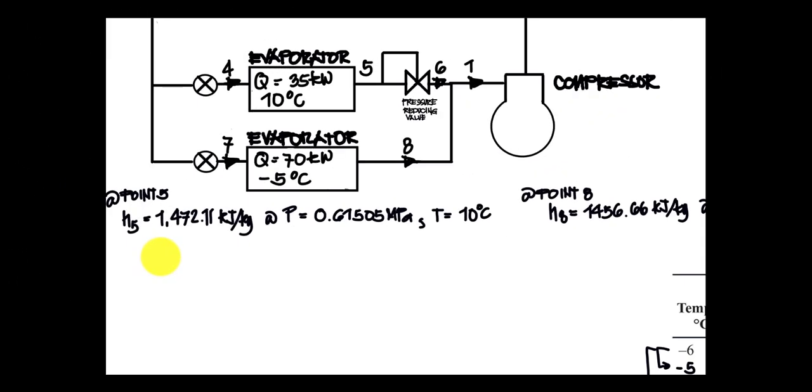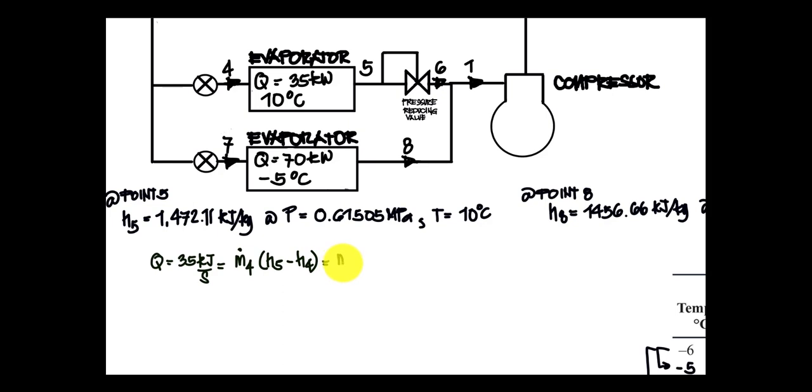So we can say that our evaporator carrying 35 kilowatt, let's express this in kilojoule per second, is equal to the mass flow rate at point 4, multiplied by the refrigerating effect of the evaporator, which is the enthalpy at point 5 minus the enthalpy at point 4.